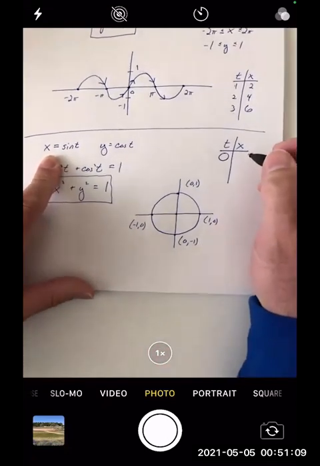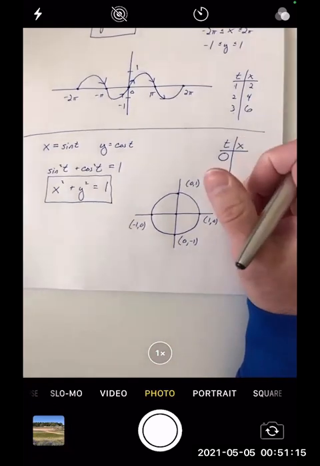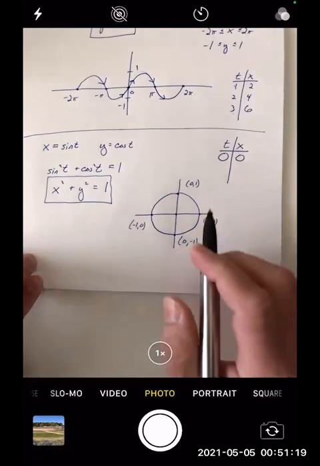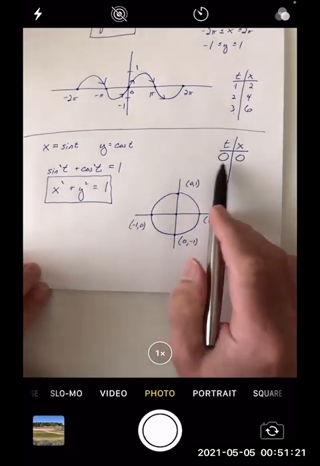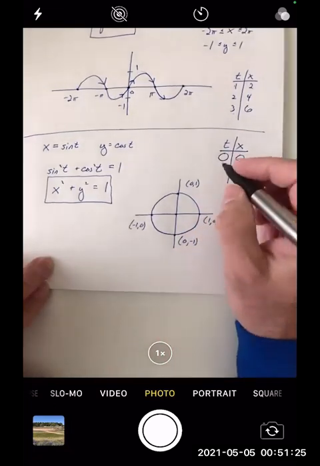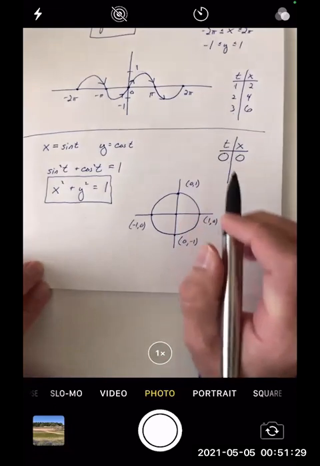Like, what's sine of 0? 0. Okay, so when t is 0, x is 0. So we're actually starting up here at this one.